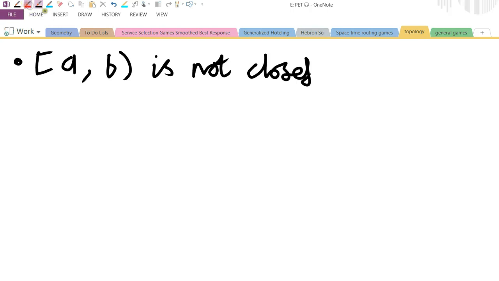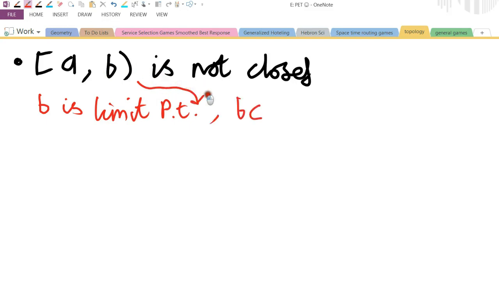Well, B here is a limit point of this set, but B is not contained within this set. And therefore we immediately have that this set is not closed.